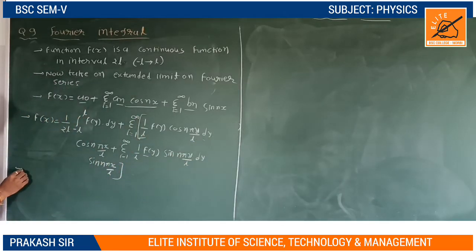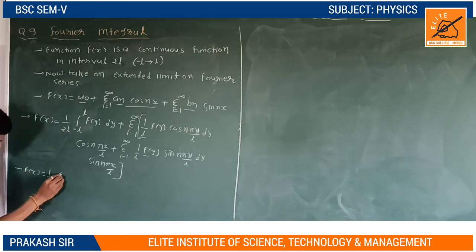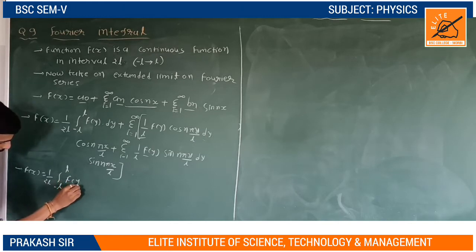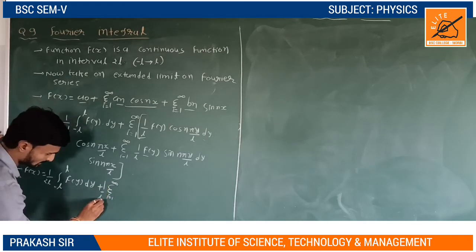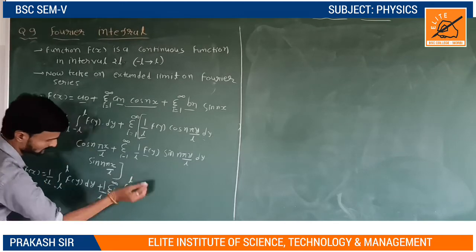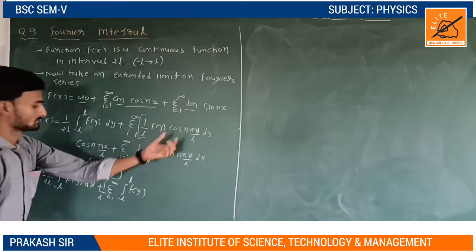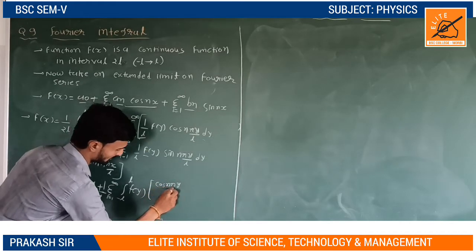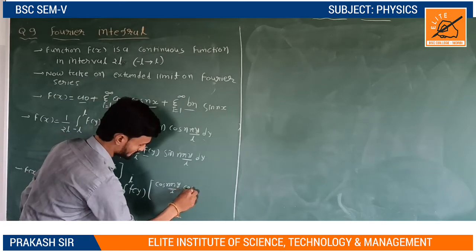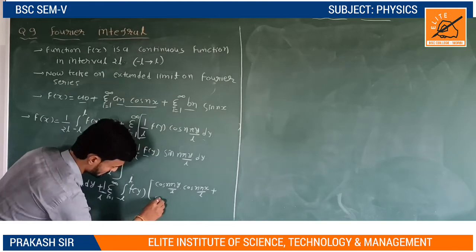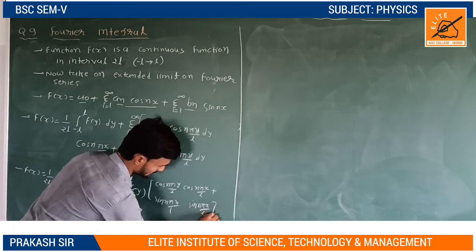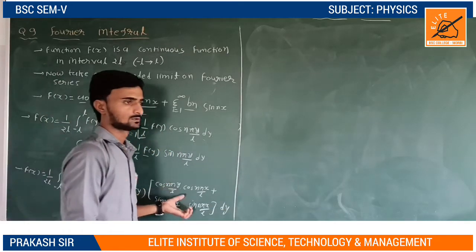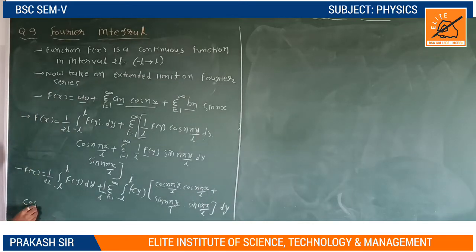So f of x is equal to 1 upon 2L integral minus L to L f of y into dy plus summation of 1 to infinity 1 upon L, with the common limit and common f of y, cos n pi y upon L into cos n pi x upon L plus sin n pi y upon L into sin n pi x upon L into dy.